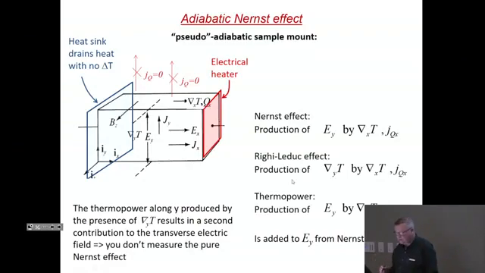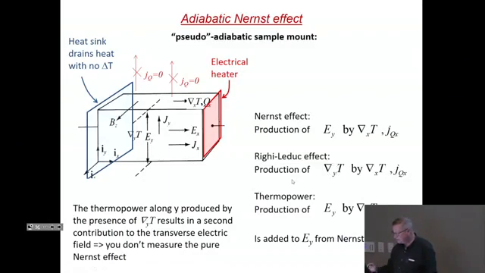Okay, so if you do that, then let's assume that you try to make an adiabatic Nernst effect. So you develop an electric field that's a thermal power electric field, and you develop a transverse electric field that's a Nernst electric field. But you have EY that you try to measure as function of X. So I put this heater on.